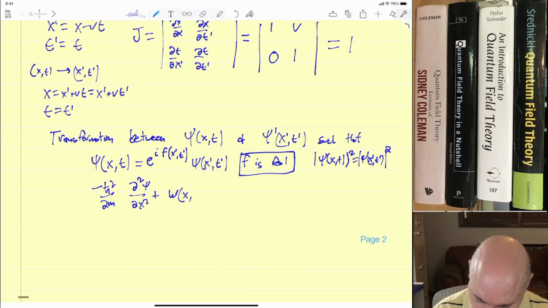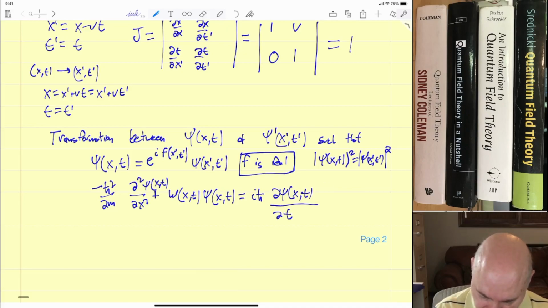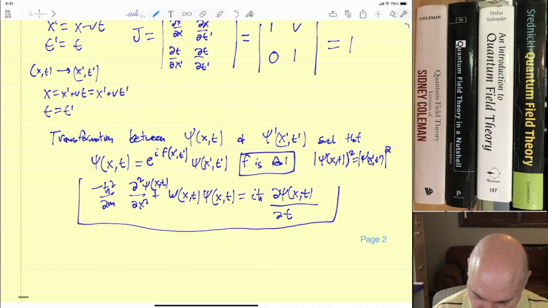W is a function of x and t, and psi is a function of x and t. So this here is our Schrodinger equation, and what we want to do is substitute psi in here and see if we get the Schrodinger equation in the prime system.